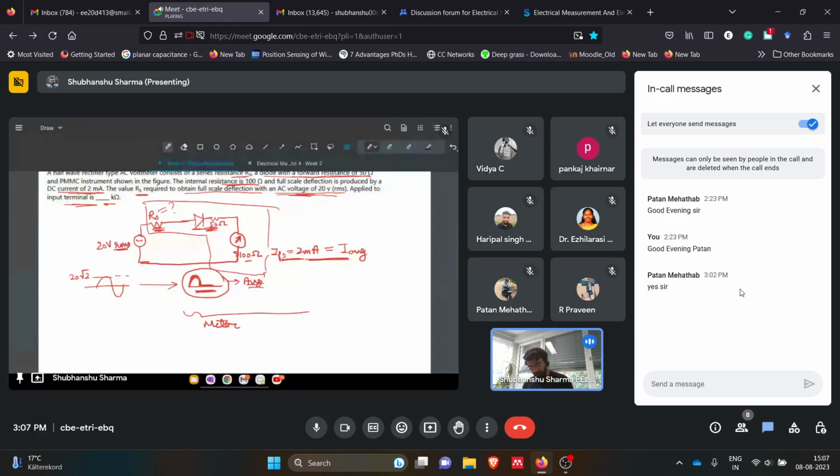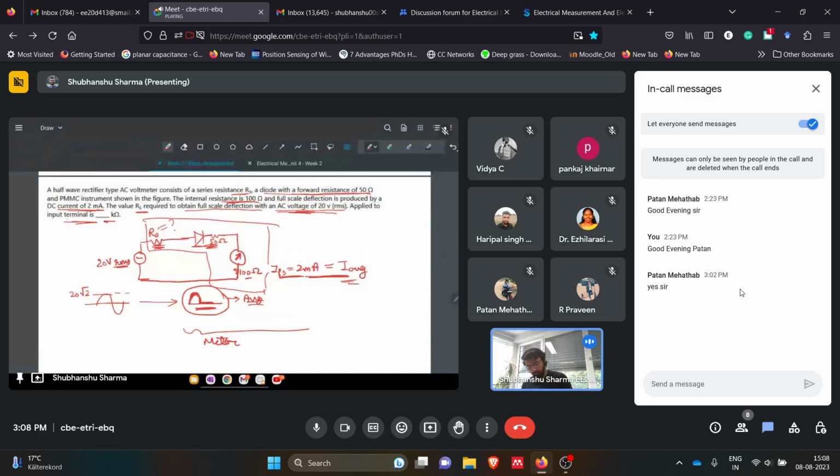So how will we proceed further? This I average we know. They are asking what will be the RS value if we have to produce full scale deflection. Full scale deflection is I average, so that means in this full circuit there will be a current equivalent to I average flowing.